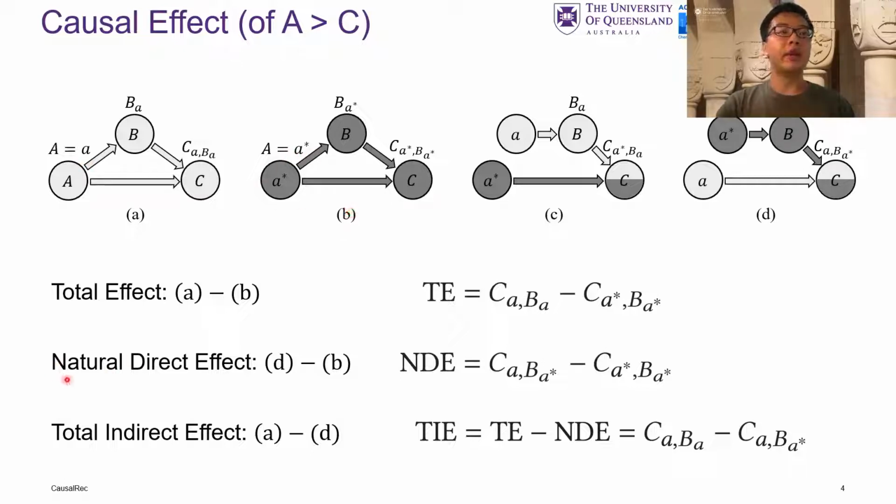We also introduce the natural direct effect, which is calculated between figure D and figure B, so it is also a subtraction of these 2 final results of C. Finally, we introduce the total indirect effect of A over C, calculated from the previous 2 terms: the total effect minus the natural direct effect. Its final formula is like this.